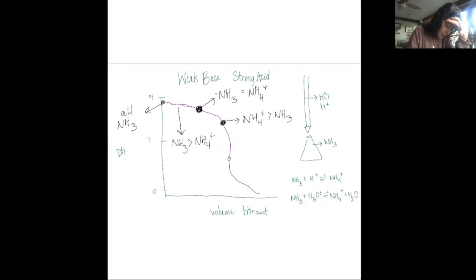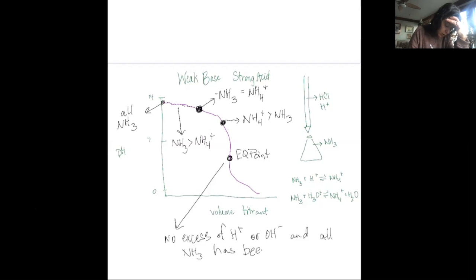Okay, down here is supposed to be our equivalence point. All right, so I want you to think about that. At the equivalence point, there is no excess of H or OH, and all NH3 has been removed, right?